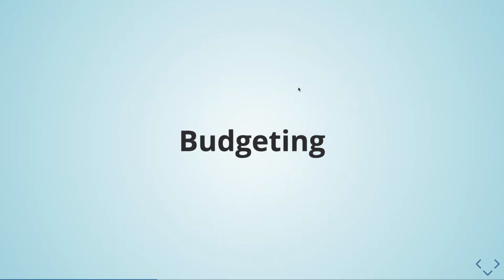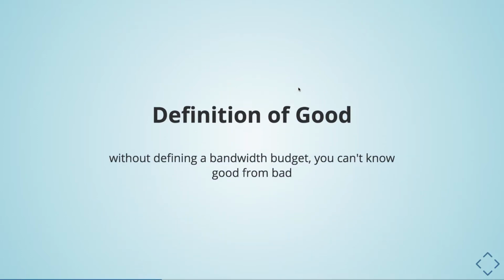All right, so let's talk about budgeting. I don't mean money, I mean a bandwidth budget, right? If you don't have one, you have no way of defining whether or not it's good or bad. That makes sense? How do you know you're doing good or bad if you have no context? So define what the budget is. This is what we're targeting. Then you can actually measure against that.